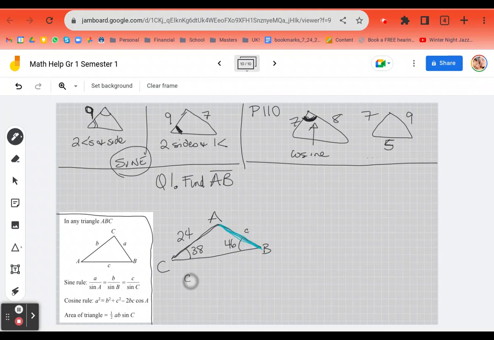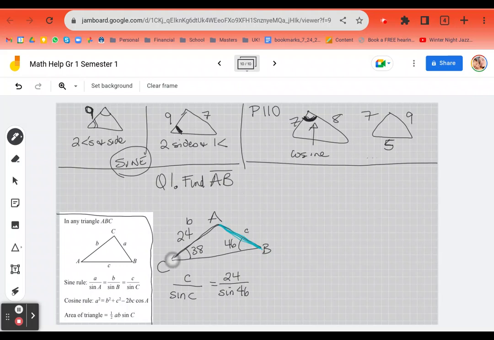So I have the length of C over sine C equals, and I can choose either of these. No, I can't. What am I talking about? I have to choose B because I have this angle and this length. It's late. That's an excuse. So B. So I'm going to call this B because this is angle B. So this is length B. So I'm going to put B over my sine of 46.